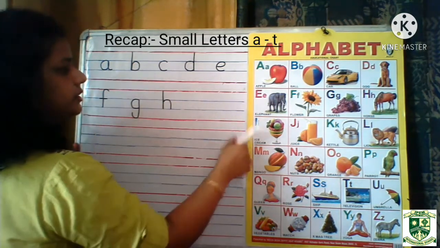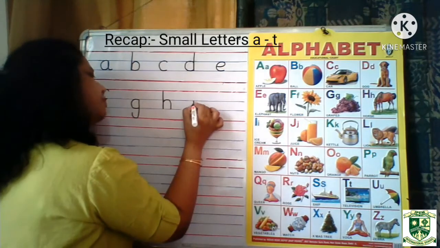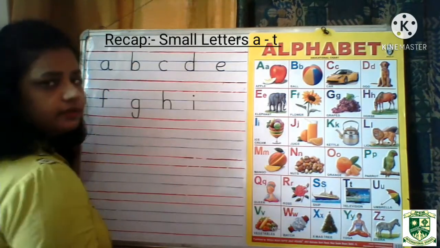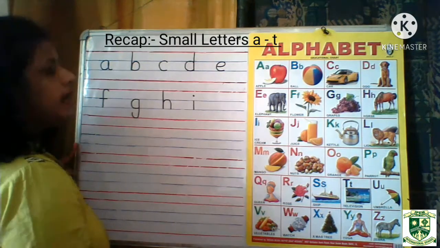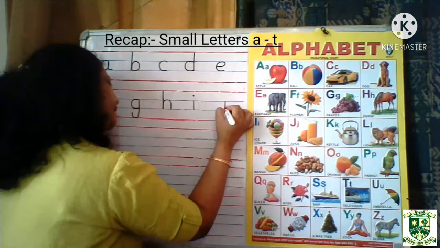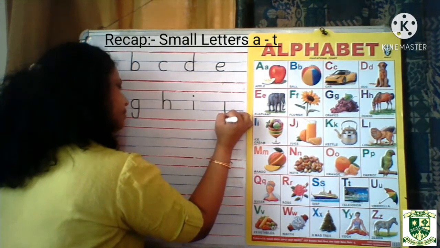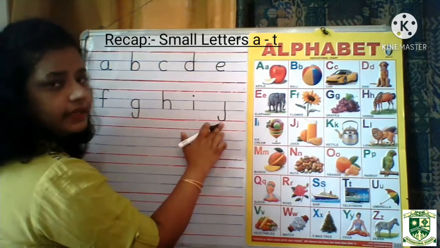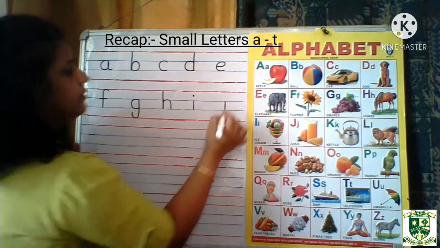Very good. Small i, one small standing line between the two blue lines and a small dot. This is how we'll write a small i. Then what comes after i? j. Again make one standing line and a little bit of down curve right at the red line. Very good.